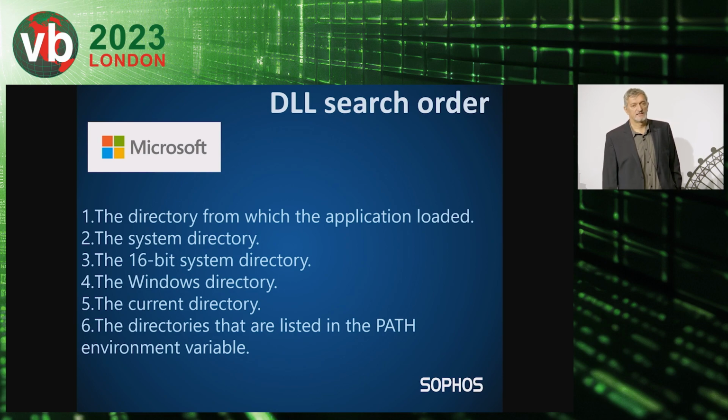And only after that comes the system directory, Windows directory, all the other normal installation directories for DLL files. So a malicious attacker can place a malicious DLL file right next to the executable, and the operating system will load that malicious DLL instead of the legit clean operating system DLL file.